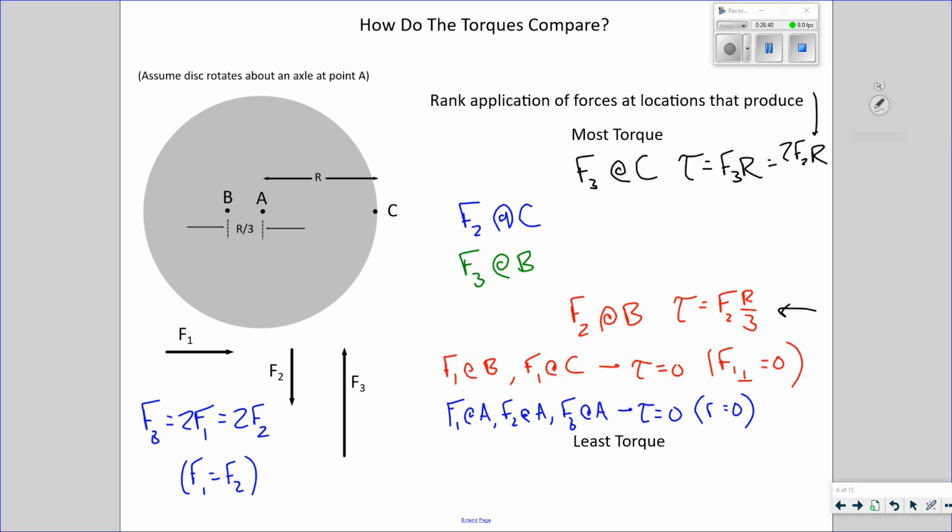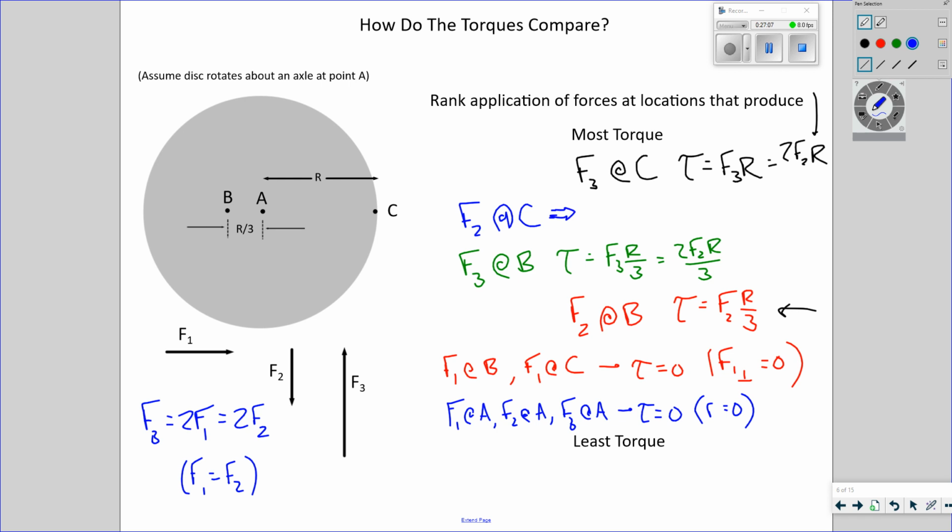Now these other ones, let's express the size of F3 at B. The torque equals F3 R over 3. Remember, that's 2 F2 R over 3. F2 at C: this torque is going to be F2 at a full R. So this one is a third of F2R.